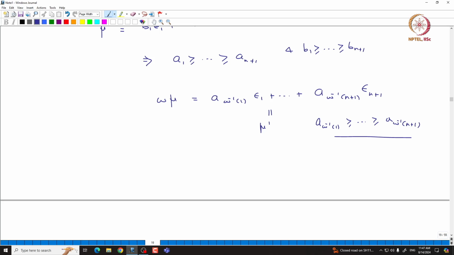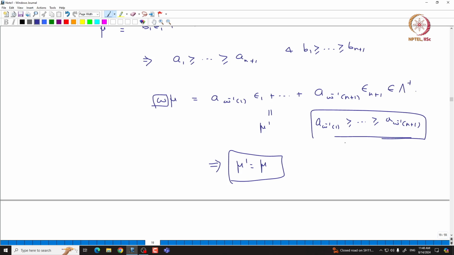So, only up to such w's will you be able to act on mu and get another dominant weight. Okay. So, that will force that. Because this is true, this will force that mu dash is the same as mu. Okay. So, I will leave it to you to convince yourself that there could be some non-trivial w's, still it can be dominant, there is no other option, because this is being dominant.